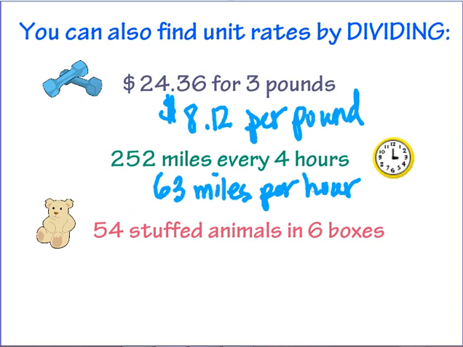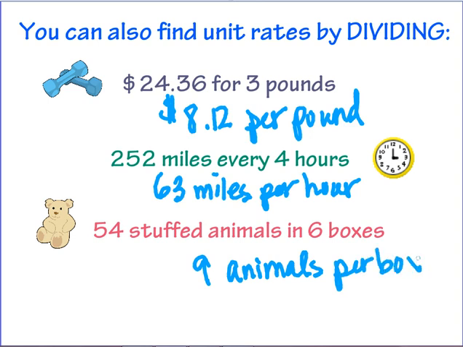Same thing, but there's my unit rate. If I have 54 stuffed animals placed into 6 boxes, how many animals am I going to have in each box? 54 divided by 6 will give me 9 stuffed animals per box. This would be a unit rate.